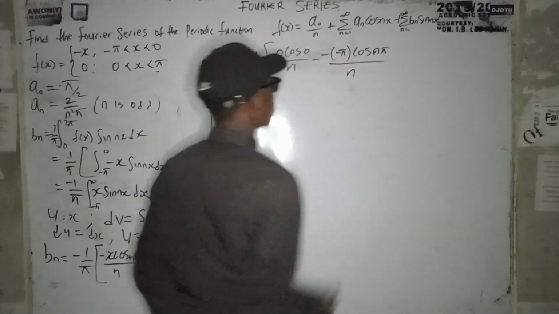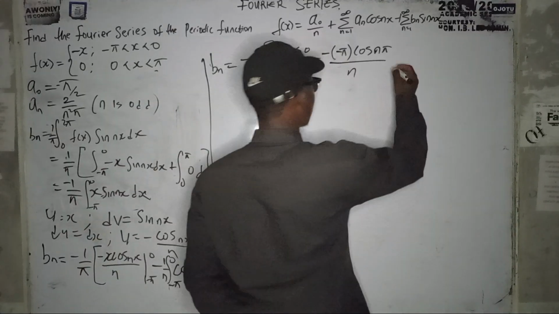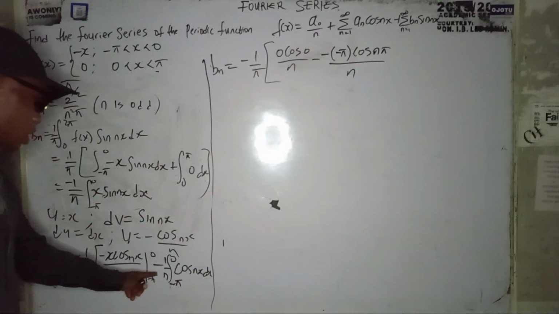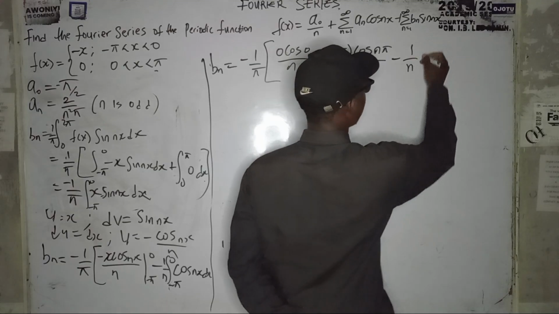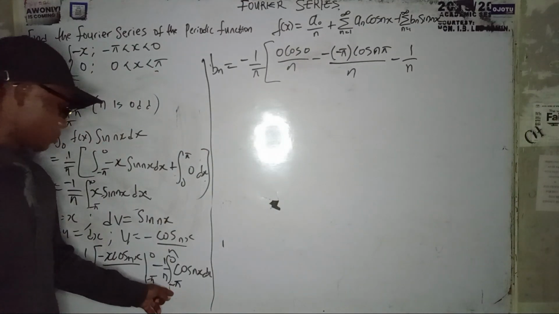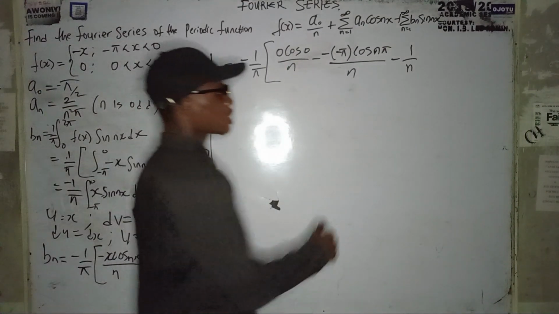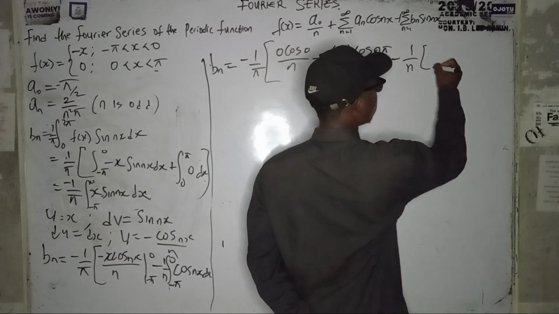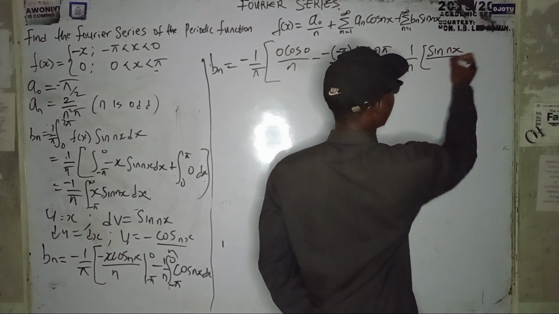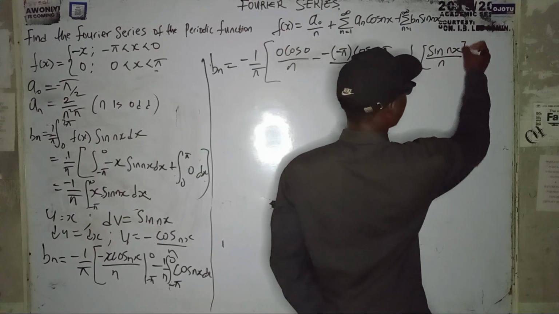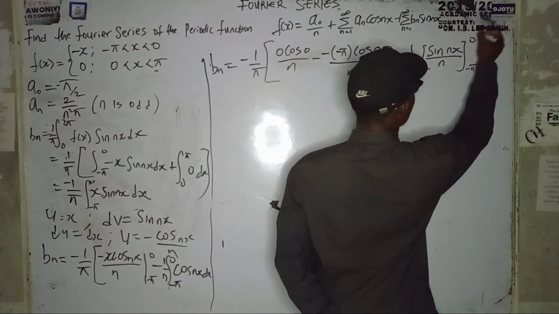So that is what the first part is going to look like, before we now have the integral of minus 1 over n times the integration from minus pi to 0 of cos nx, which is equal to sine nx over n from minus pi to 0.